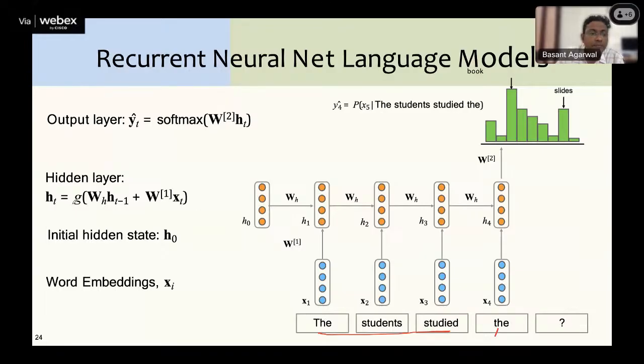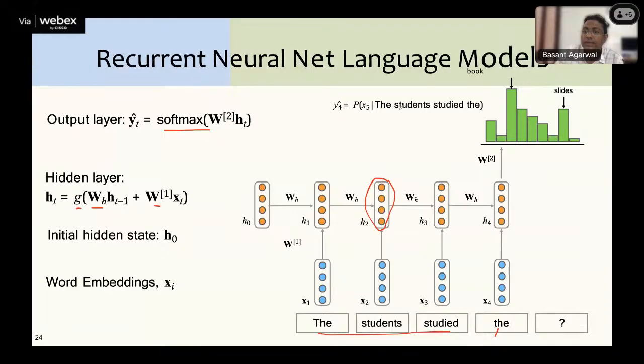The hidden representation at any moment of time, h of t, is basically the activation function applied to the weight matrix between the hidden to hidden layer and the weight matrix between the input and hidden layer. The output layer has a softmax, so it will predict the output at every moment. The next word is predicted based on all the previous inputs.